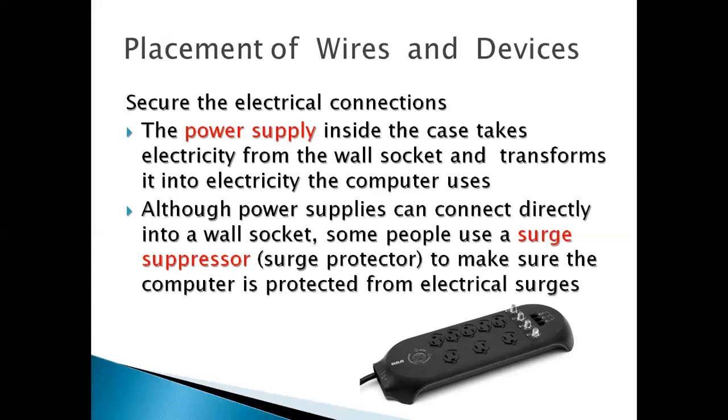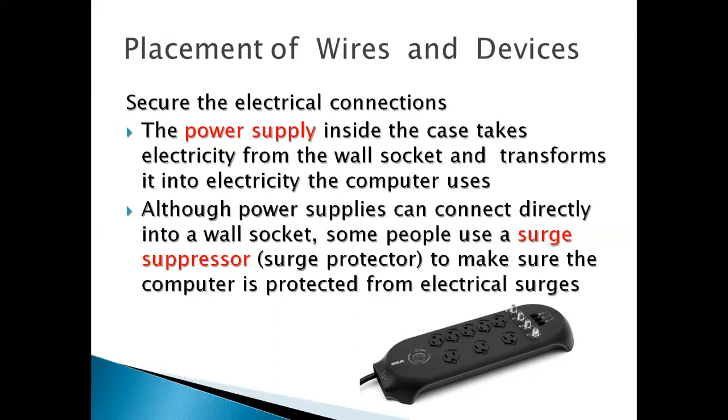So a surge suppressor is a tool which is used to protect our computing devices whenever the power supply fluctuates. Because of that, various internal computing devices may fail or may be damaged.